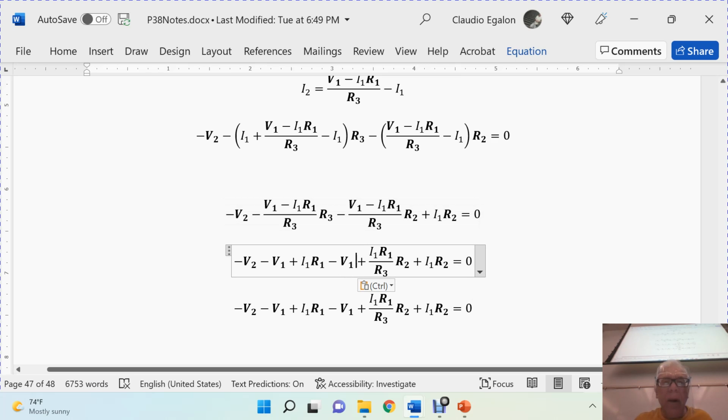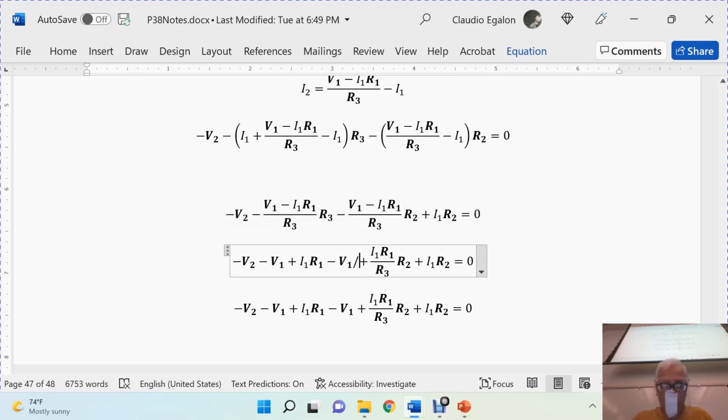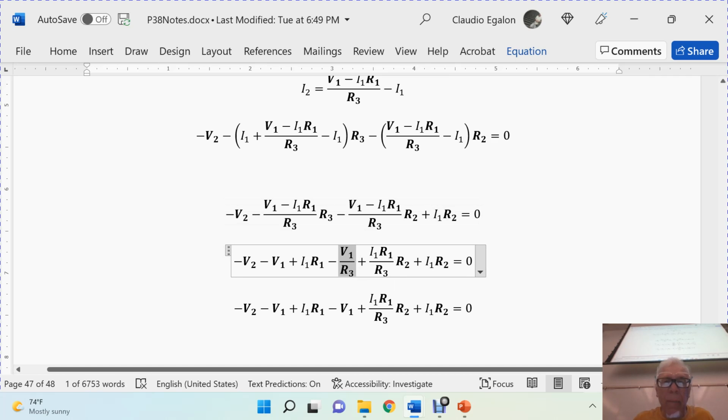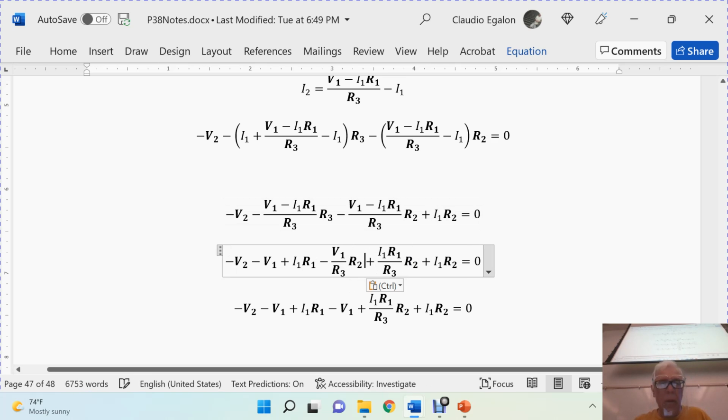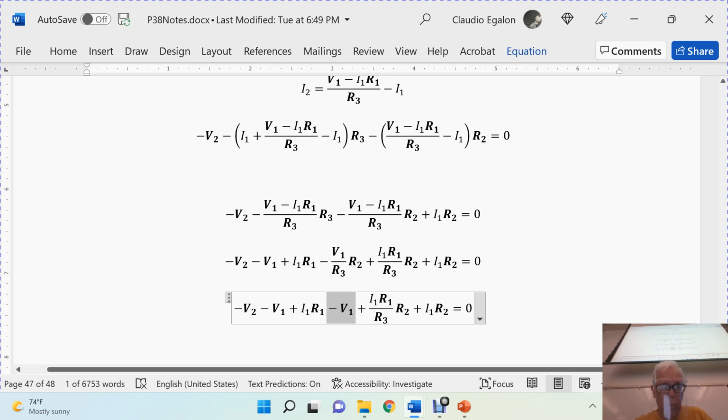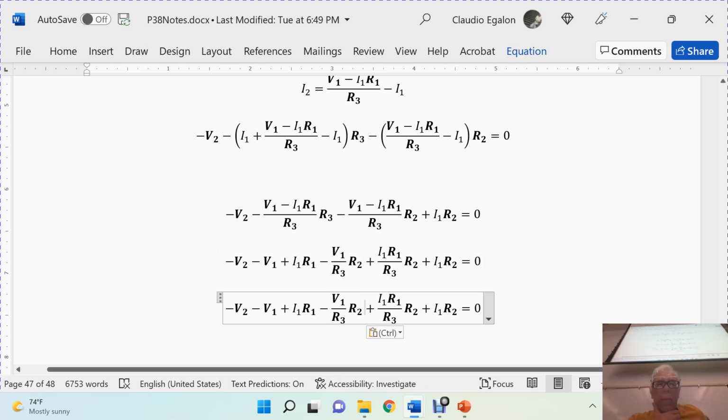Yeah, okay, so here is, oh yeah, I forgot to multiply by R2. What we had there was correct. I forgot to multiply by R2. That's what the mistake was. Okay, so here we go. Here you go. That's what it is.